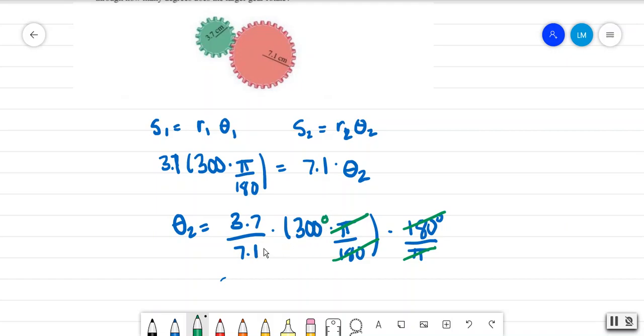Okay, so in this case, the dimensions kind of work themselves out. So we have that this is going to be approximately 156 degrees.